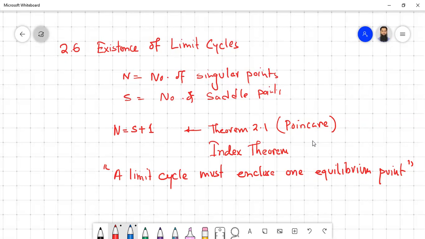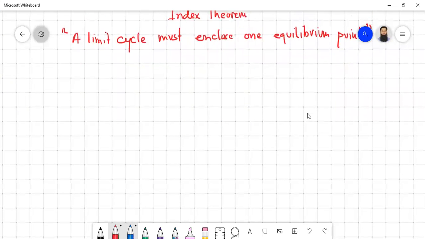This theorem is basically used for nullifying the existence of the limit cycle. If some arbitrary region is provided to you, and we want to know whether there is a limit cycle or not, then if we can prove that there is no equilibrium point inside this region, there should not be any limit cycle, because a limit cycle should enclose at least one equilibrium point.